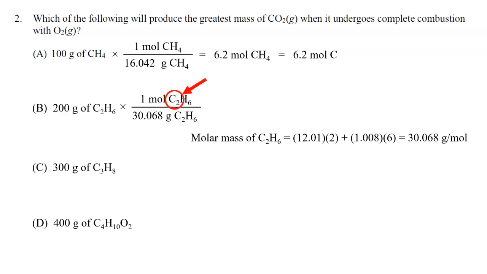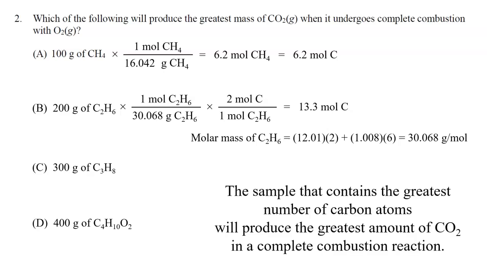There is a subscript of 2 for the carbon atom. So that means that there are 2 moles of carbon for every 1 mole of C2H6. So now when I pick up my calculator and do 200 divided by 30.068 times 2, I get a value of approximately 13.3 moles of carbon.